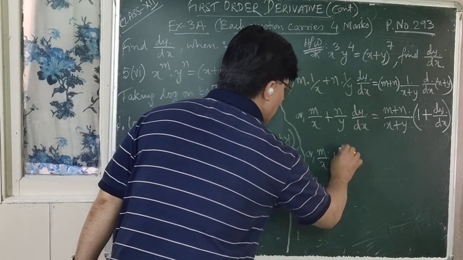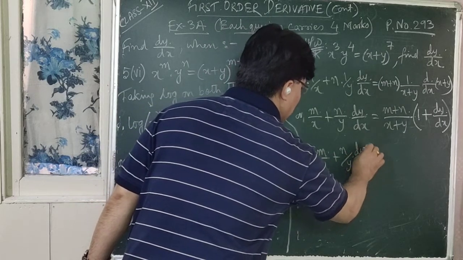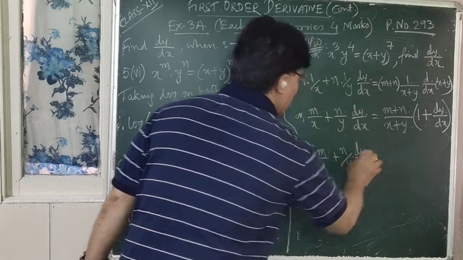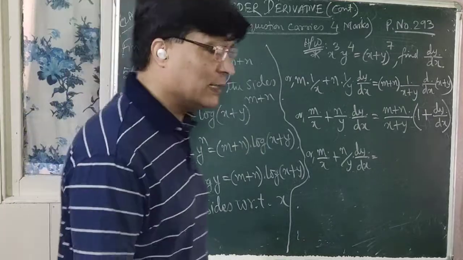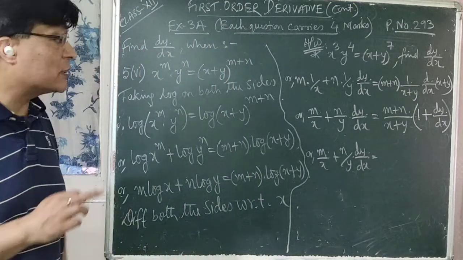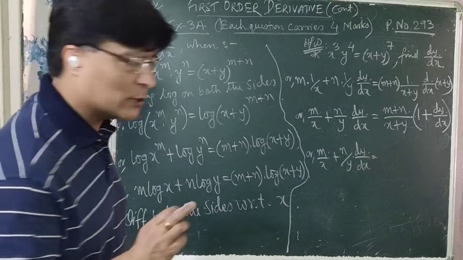m by x plus n by y into dy by dx, which is equal to, so on the right hand side you have to multiply 1 plus dy by dx by n plus n divided by x plus y, right?